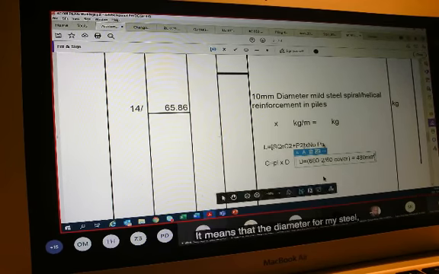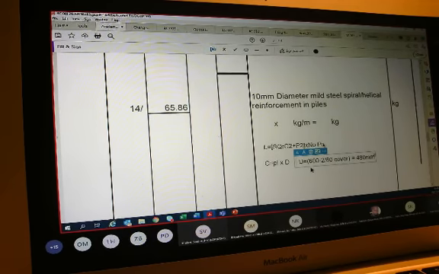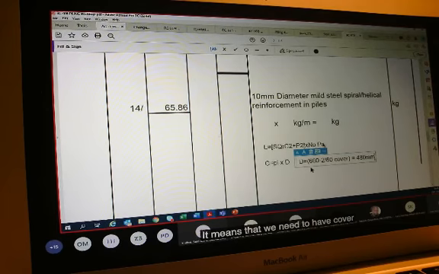My diameter is equal to 600 minus 2 times 60. What is that 60? It's the cover. Do you understand? You know what the cover is? That then gives me 480 millimeters.